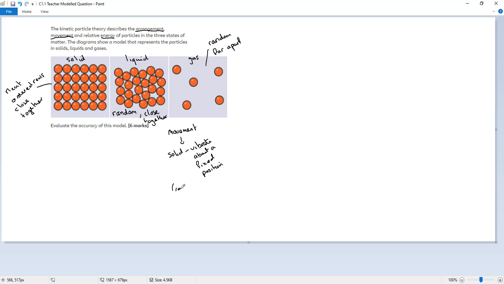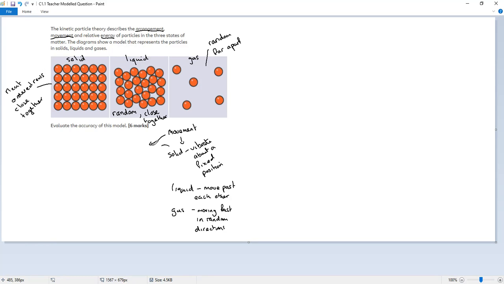In a liquid, the particles move past each other. And in a gas, they're moving very fast in random directions. And none of this is shown on the diagram.